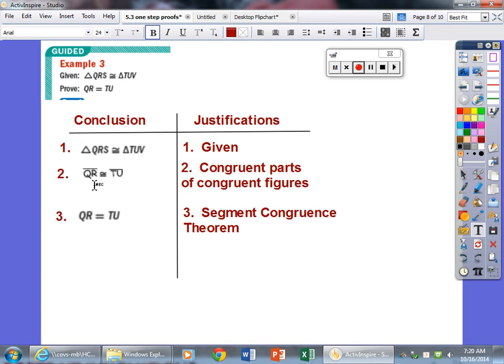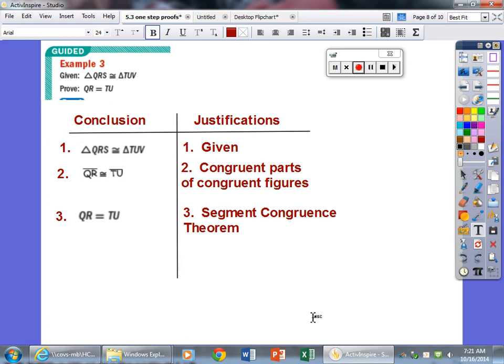So that's what allows me to move from this step, segment QR is congruent to segment TU, to down here, indicating that the measure of QR is equal to the measure of TU. So this is actually a three-step proof.